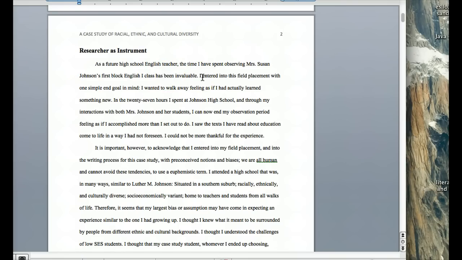Obviously, in a researcher's instrument statement, it is appropriate to be using I. We generally don't want to overuse I in other parts of the body of the paper.